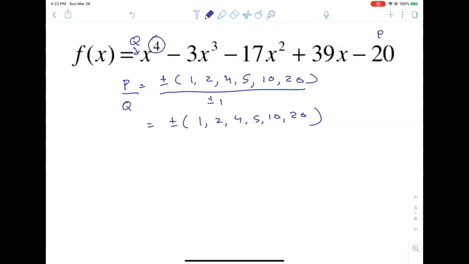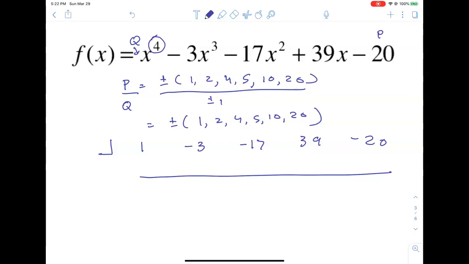So let's go ahead and do this. How's this going to work? An x to the 4th. All right, let's draw a box. 1, -3, -17, 39, and -20. Skip a line and draw a line. What do you guys want to try? You guys want to try the easiest one first? All right, let's try 1. Bring down the 1.